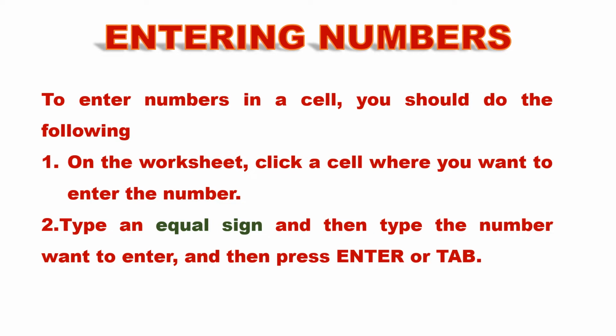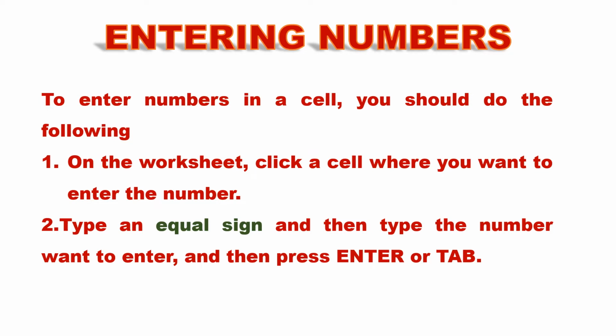Excel offers multiple functions for manipulating numbers. So, how will you enter a number in an Excel cell? It is very simple. Select the cell where you want to enter the number.